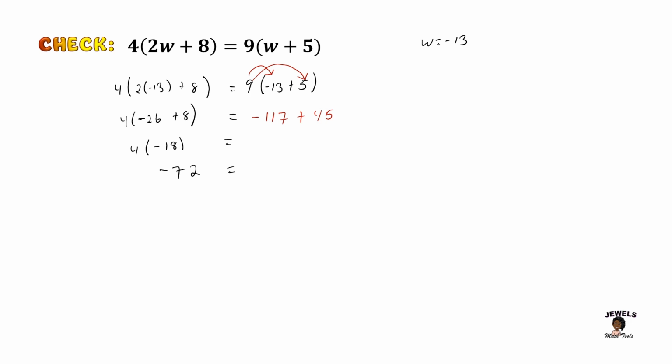So when 117 subtracts 45, this will leave us with 72. And since 72 is the larger number and 72 is negative, my 72 will be negative. So we see that on both sides of the equation we got negative 72, which tells us that our w equals negative 13 is the correct solution for our equation.